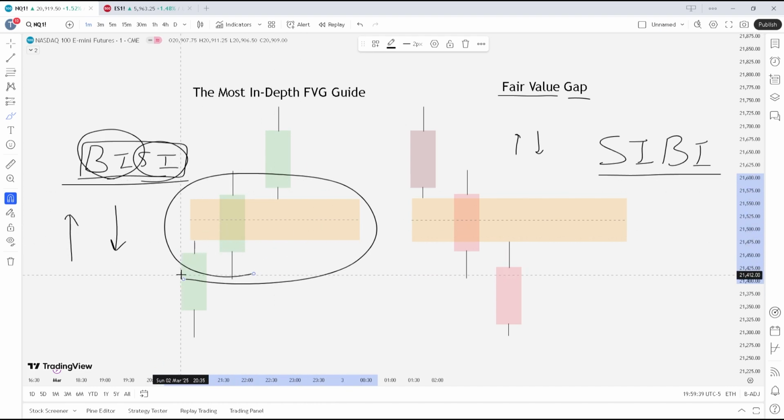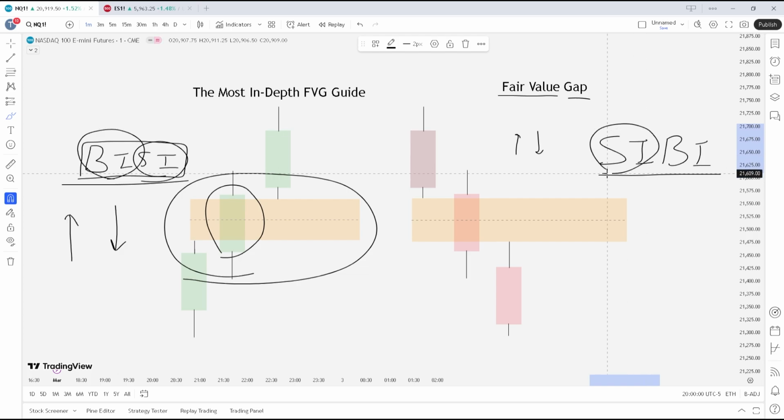Because the buyers are much stronger than the sellers, we get these strong candles with displacement, which creates a fair value gap. In the same way, for a SIBI or a bearish fair value gap, we have sell side imbalance and buy side inefficiency. So buyers are inefficient and sellers have an imbalance relative to the buyers.